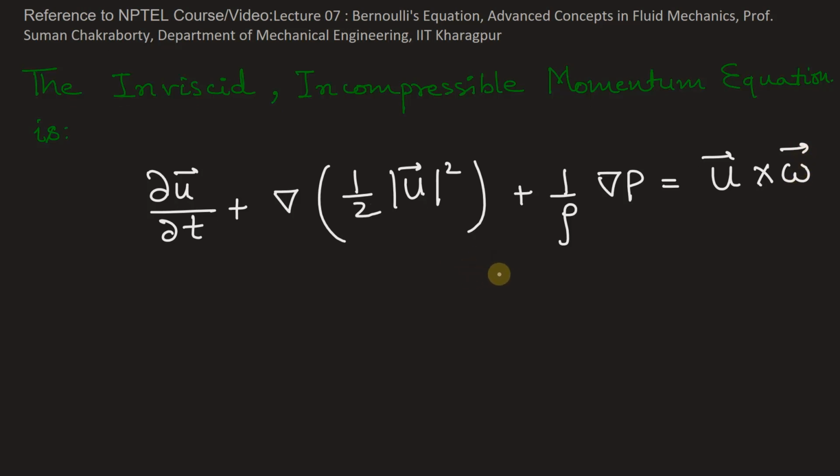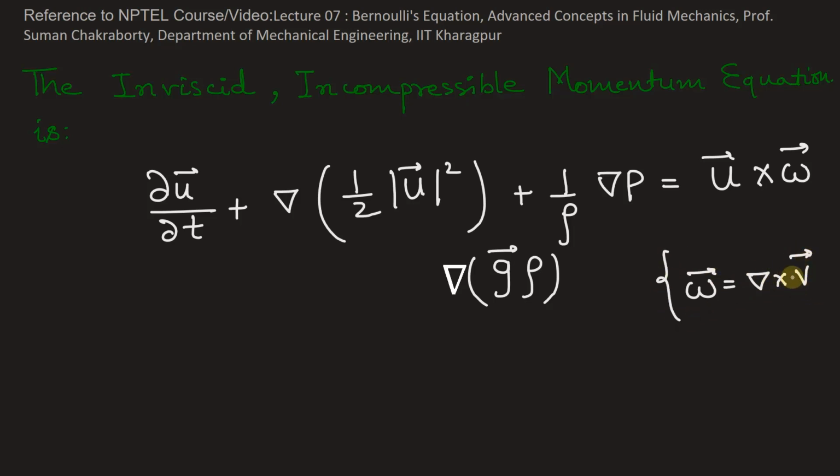We can also write the potential energy term as g vector, that is acceleration due to gravity vector, into rho. In the left hand side we can write this as well. This is the potential energy, and here omega is the vorticity, such that omega vector is equal to del cross v vector, that is curl of velocity vector is called the vorticity.